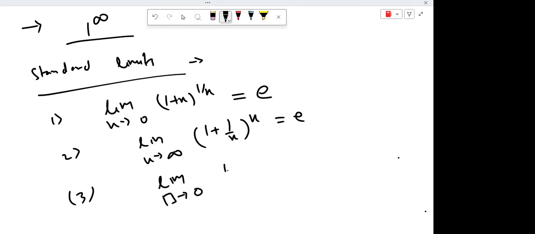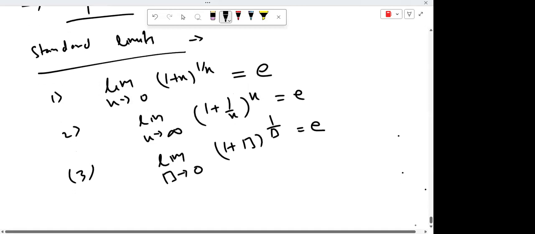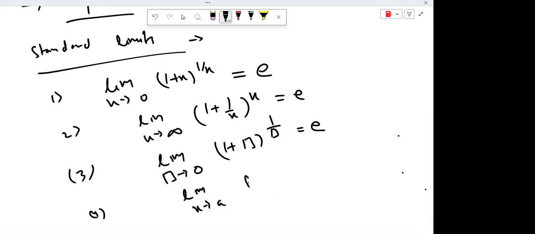Box tending to 0, (1 plus box) to the power 1 upon box is e. And if you want to take it as f of x, then this becomes limit x tending to a, f of x to the power g of x is e, where f of x should tend to 1 and g of x should tend to infinite.